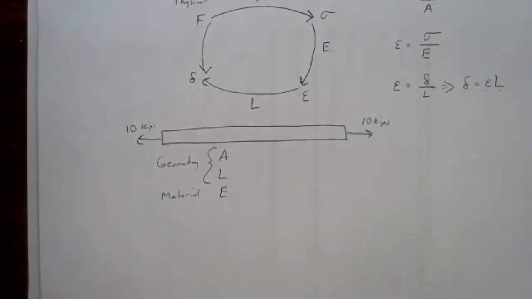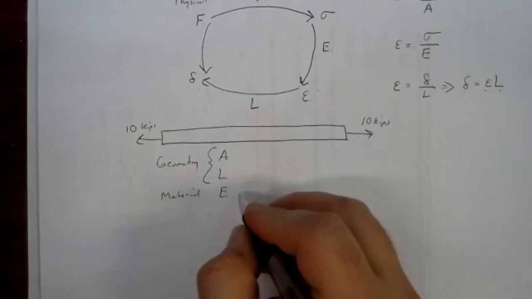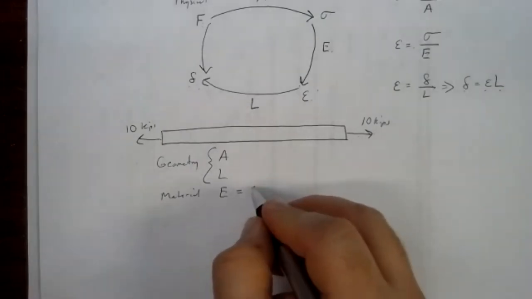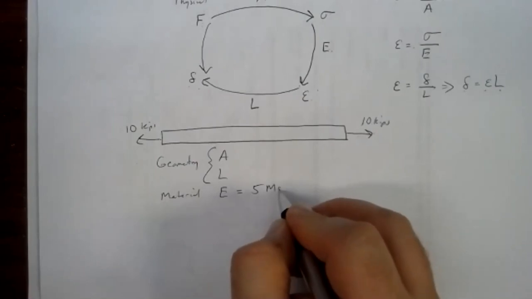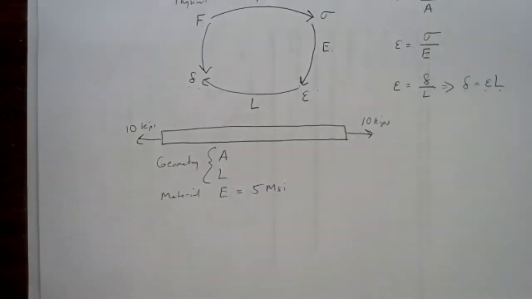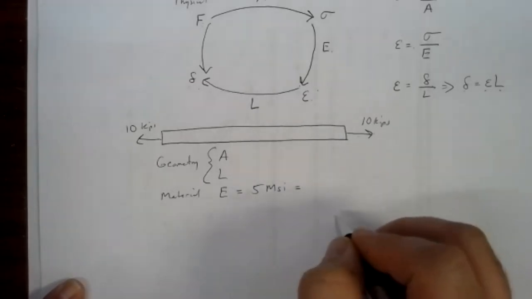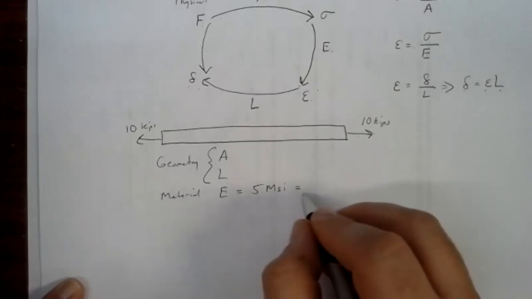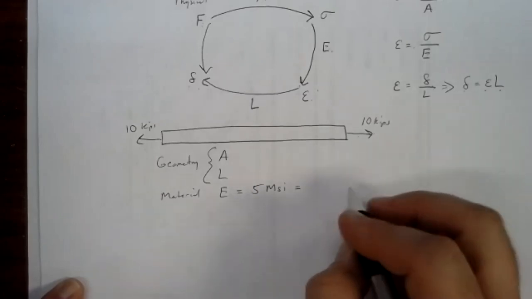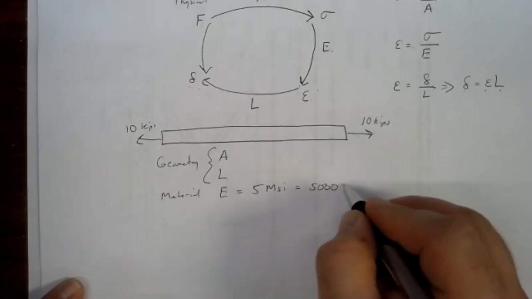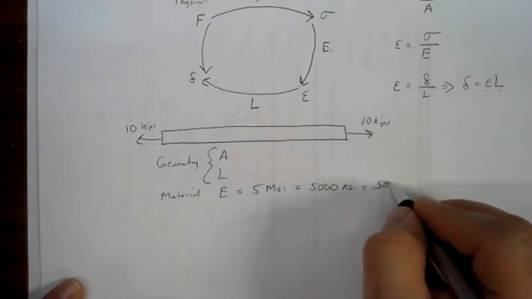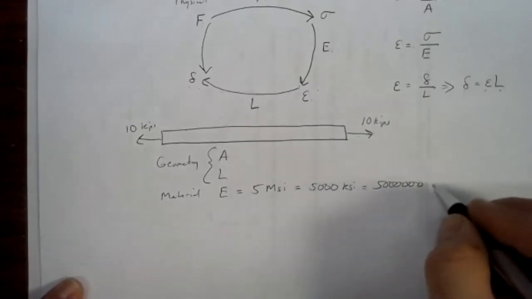So let's say we pick a material that has a Young's modulus of 5 MSI. That would be 5 million pounds per square inch. Usually the Young's modulus is a very big number, millions, thousands. We have to be careful about units and what units we're plugging together. So instead of saying it's 5 million pounds per square inch, we might have to say it's 5,000 KSI, or it's 5 million PSI.